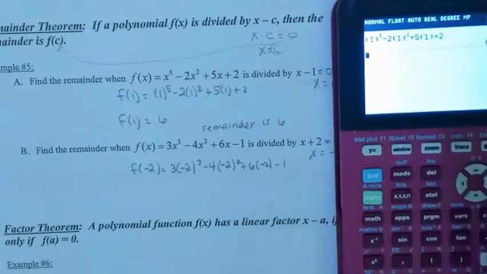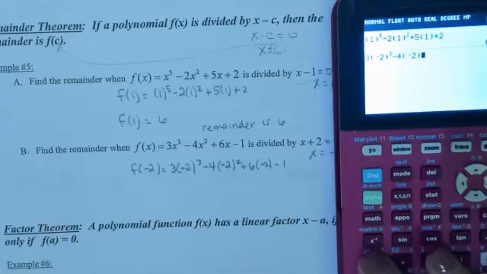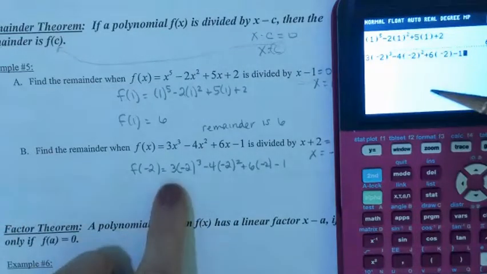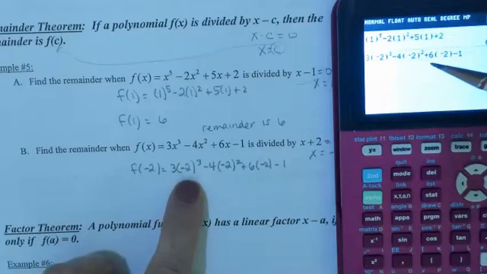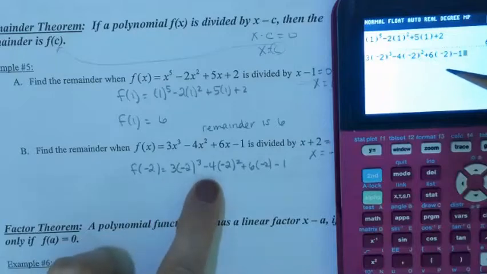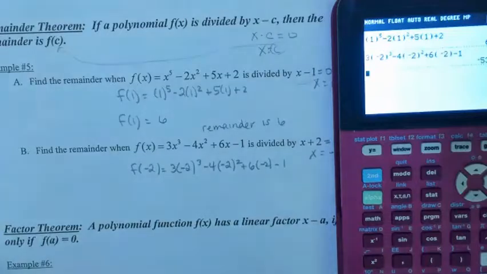Going to my calculator, 3 times negative 2 to the 3rd power minus 4 times negative 2 squared plus 6 times negative 2 minus 1. I'm just going to make sure I've typed that in correctly. 3 times negative 2 cubed minus 4 times negative 2 squared plus 6 times negative 2 minus 1 equals.